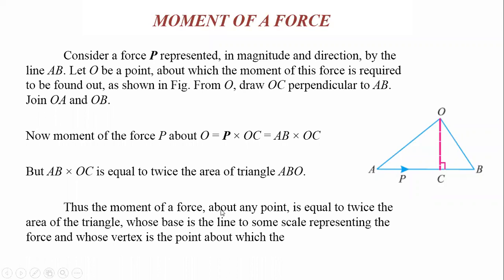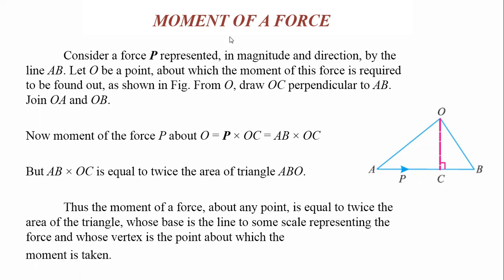Thus, the moment of a force about any point is equal to twice the area of the triangle whose base is the line, to the same scale, representing the force, and whose vertex is the point about which the moment is taken.